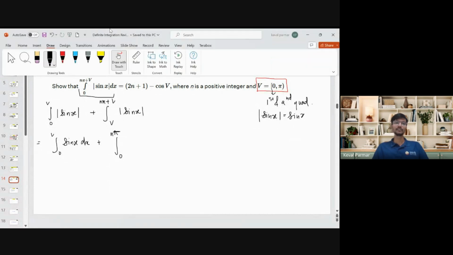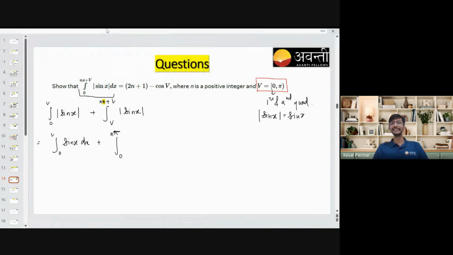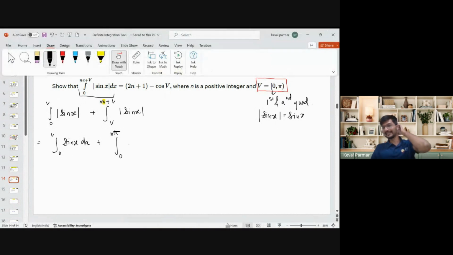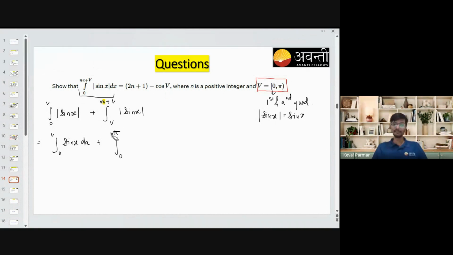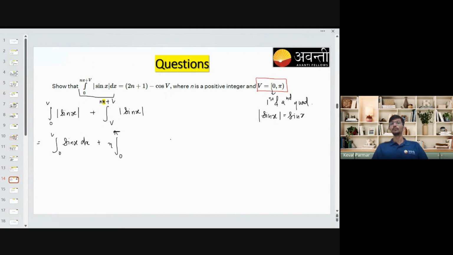Why? Because this pi is the period of mod sin x. And similarly, we can bring n downwards by property number 1. So it will become 0 to pi multiplied by n. Now 0 to pi is again in the first and second quadrant.